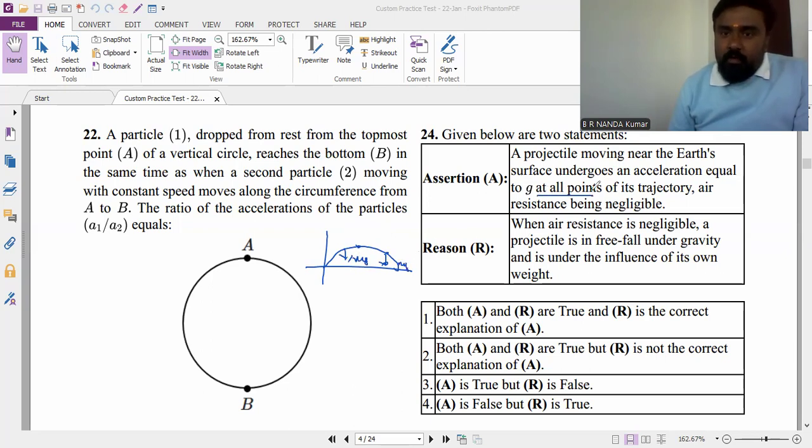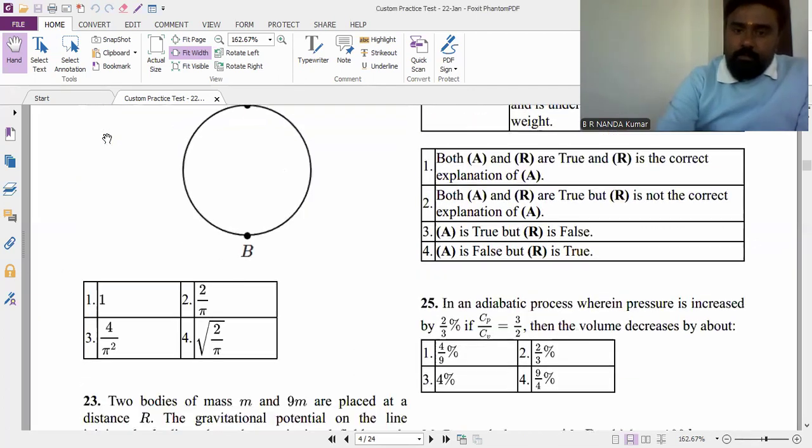So g at all points, that is true. When air resistance is negligible, the projectile is in free fall under gravity, under the influence of its own weight. So this is also true. Reason is the correct explanation of assertion. So the right answer is the first one.